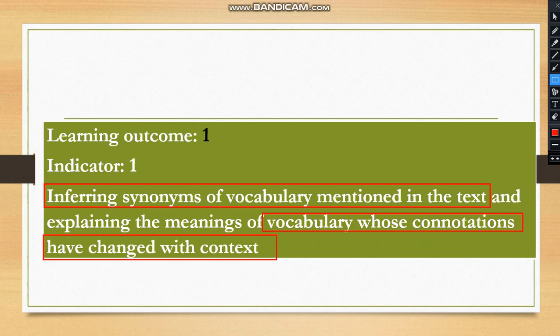In the new context, we provided the example of a mouse that ran to the hole, and then the other mouse that we use with our computer systems or laptops. There the connotations changed. And for inferring synonyms, the text didn't mention the meaning of the word explicitly, but we inferred the meaning of the words.